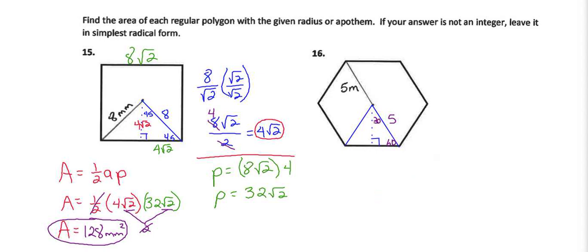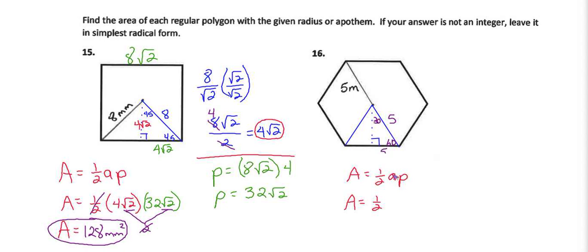So again, let's write our formula. What do we need? Area is 1/2 apothem times perimeter. So I have 1/2. Now I need to find the apothem. So let's go back and look at our 30, 60, 90 triangle. If the hypotenuse is 5, the short leg is half of that. I'm going to write that as 5 over 2.